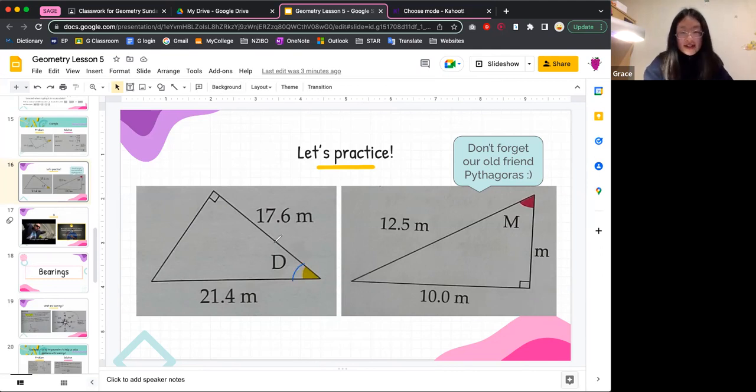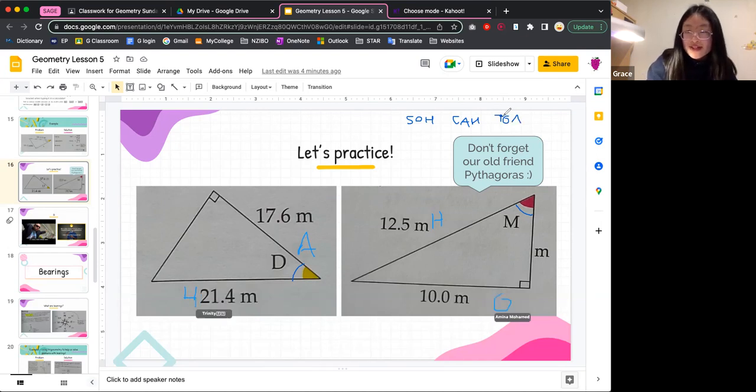All right, do you want to start off by labeling which side is which? So hypotenuse, adjacent, and opposite. Yep, nice work. Excuse my terrible handwriting.